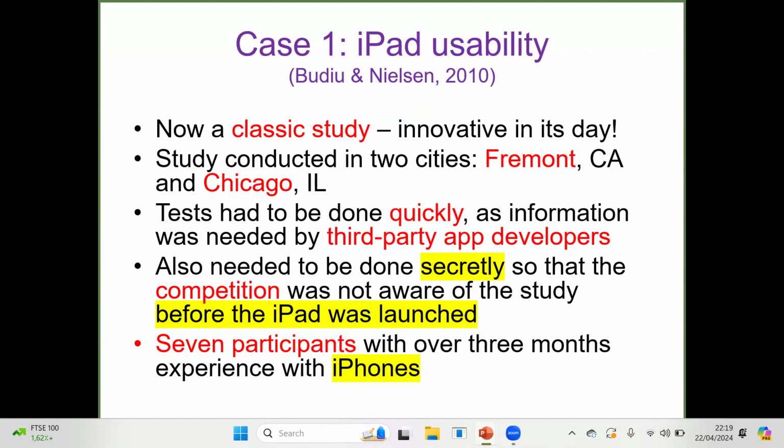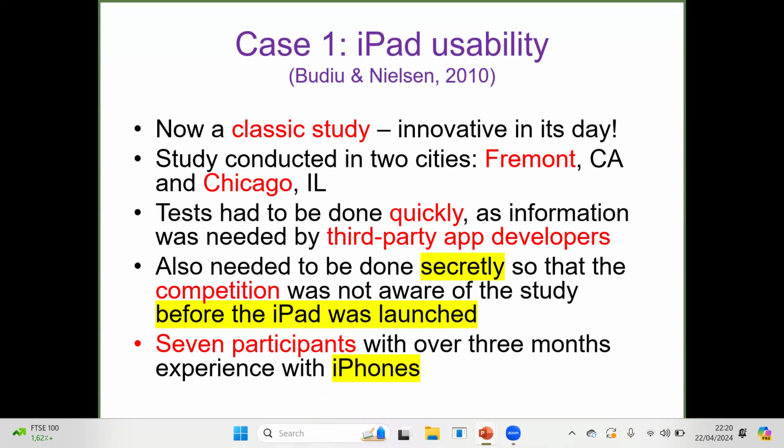Case 1, iPad usability. Now, a classic study is presented in this slide, which was innovative and was done in a day. The study was conducted in two cities, Fremont and Chicago, on iPad usability.